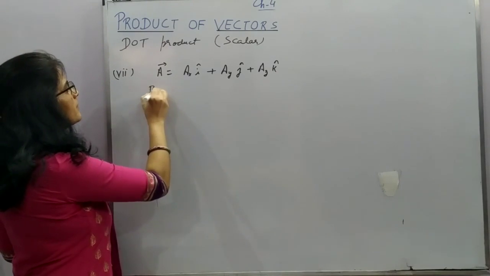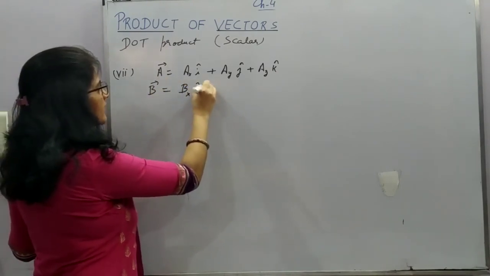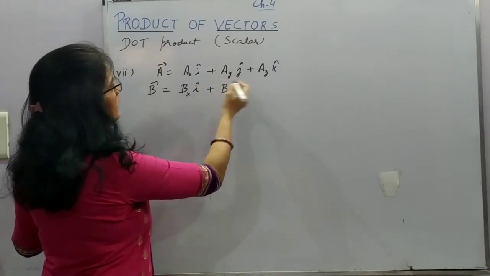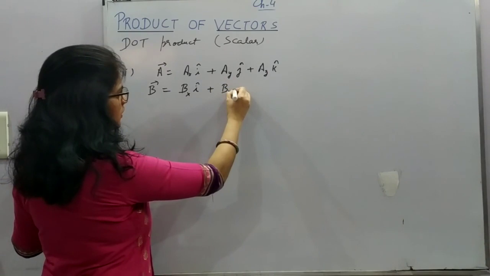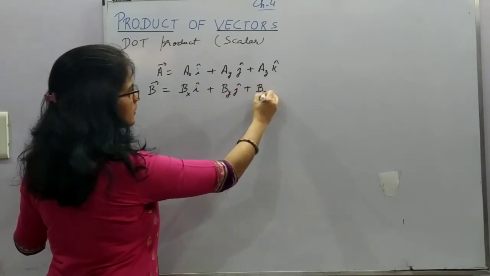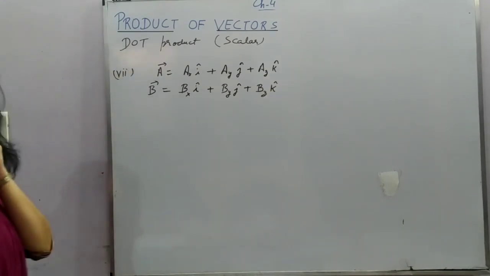So similarly, B vector can be written as the magnitude along the X direction multiplied by i cap, the magnitude along the Y direction multiplied by j cap, and k cap for the Z axis component. So this will be like this, right?